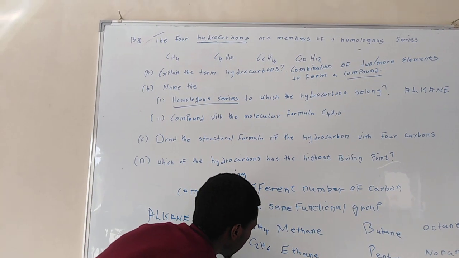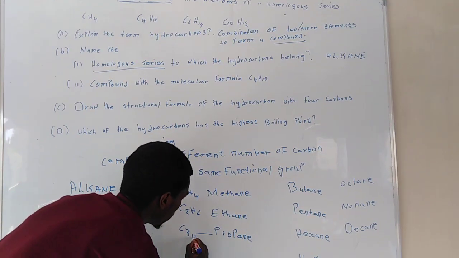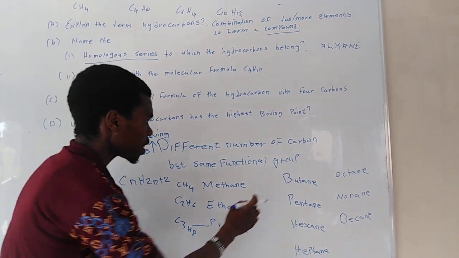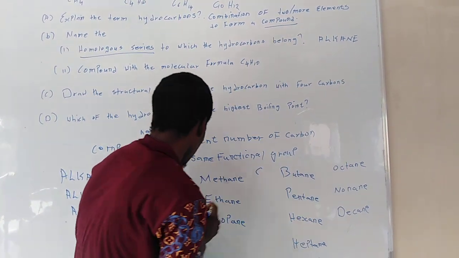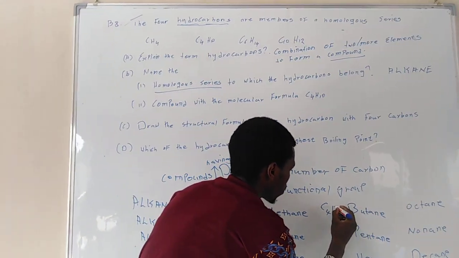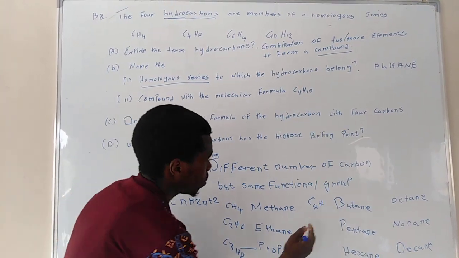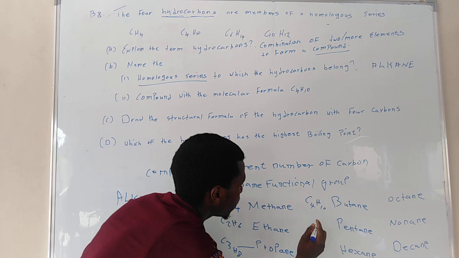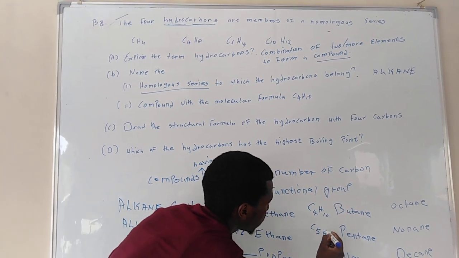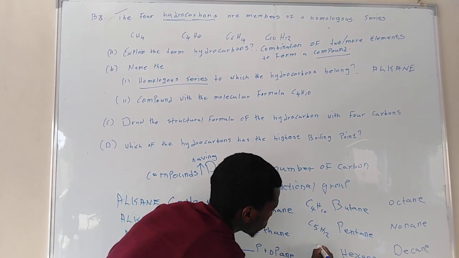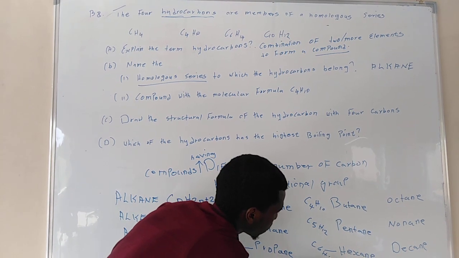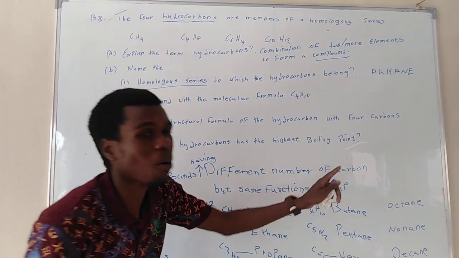The next is C3H8. Then C4H, adding 2, gives 10. C5H12. C6H14, and so on.